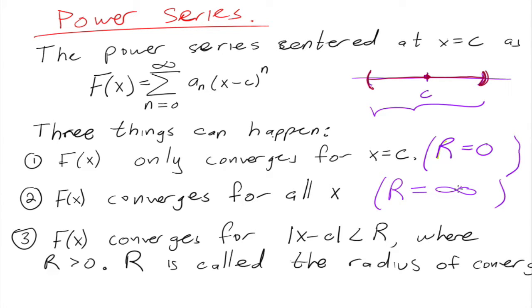And so r is basically this distance right here, right? The distance from c to one side of the interval. So that's the r. That's where radius comes from, right? Okay, so far so good? The terminology?